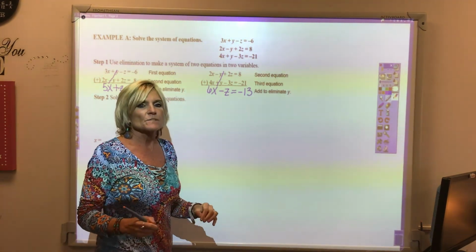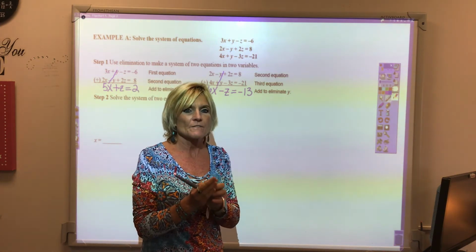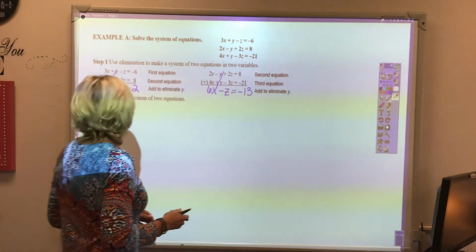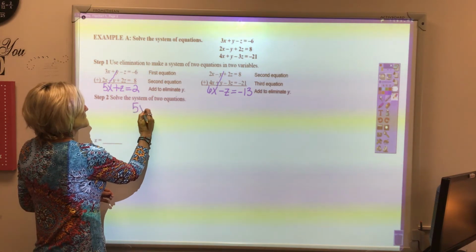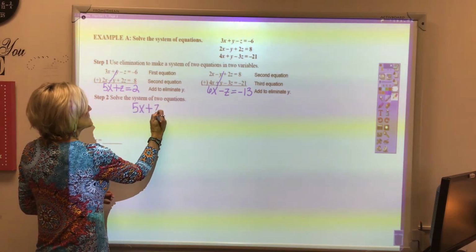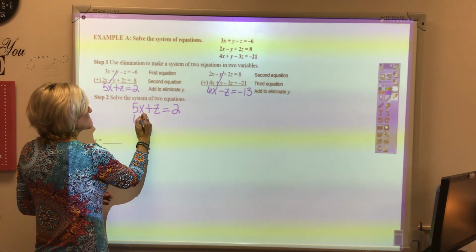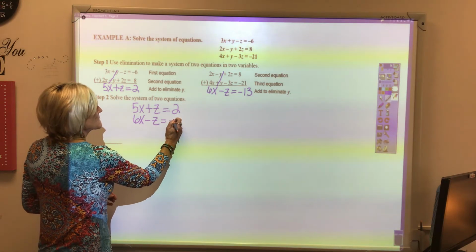Now, our next step is to bring these two new equations together and eliminate a variable. So let's set them up and see what we can eliminate. 5x plus z equals 2. 6x minus z equals negative 13.